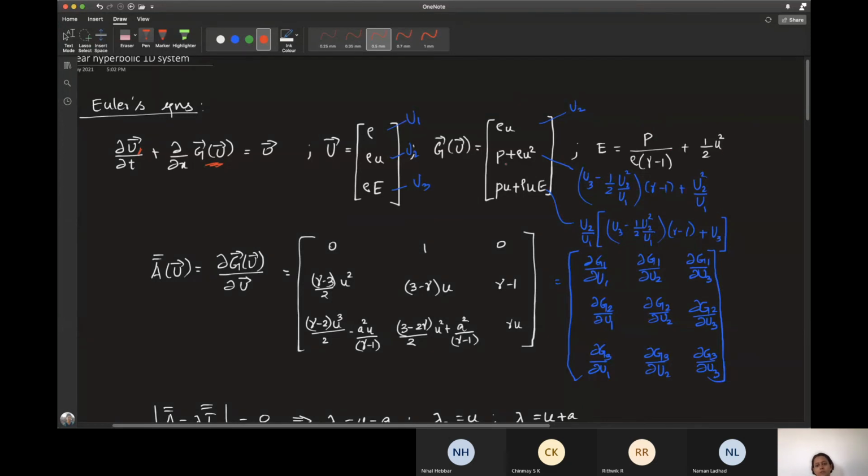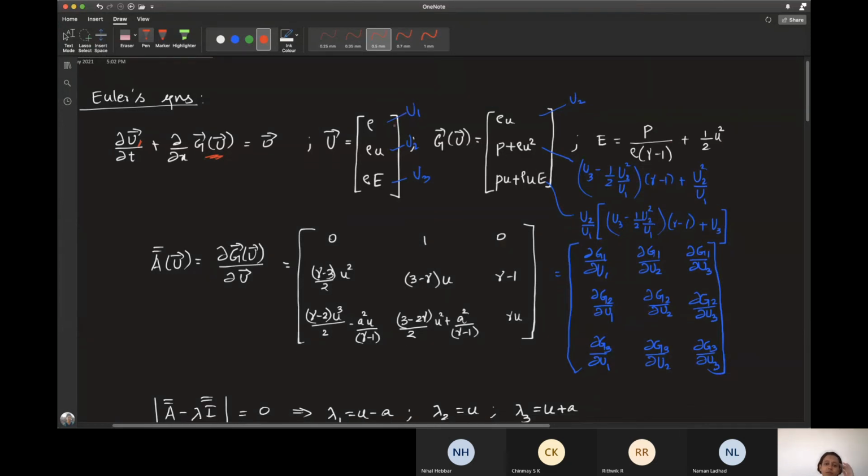And this is your flux vector. I'm writing rho, rho u and rho e as just u1, u2 and u3. So now your flux vector can be written in terms of u1, u2, u3. g1 of u vector is u2, and this is g2 of u vector, and this is g3 of u vector.